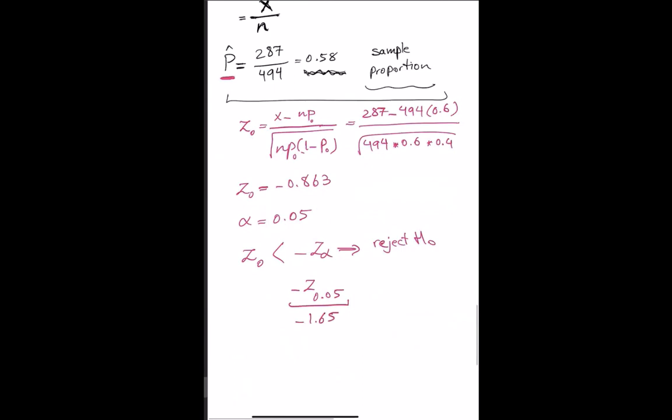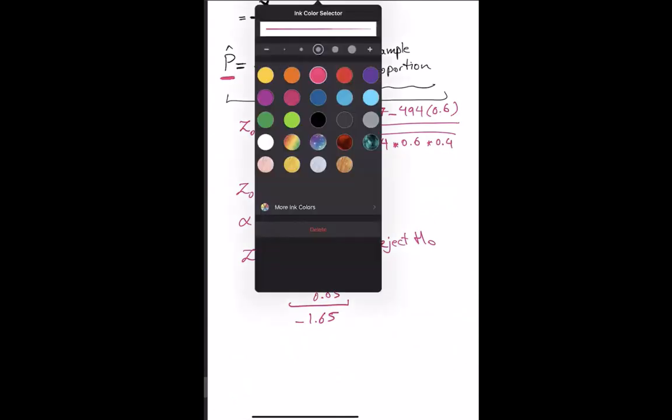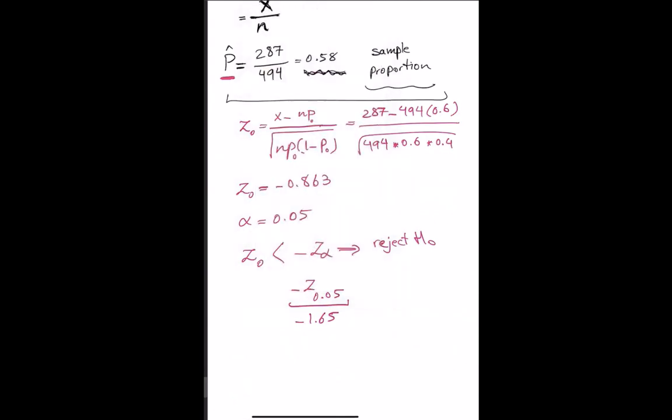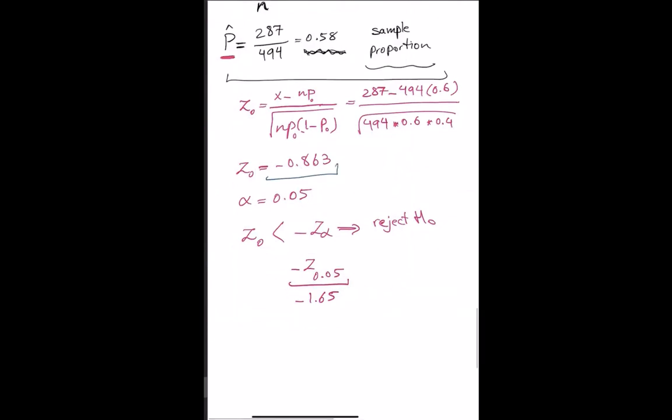So minus Z of alpha is minus 1.65, and the test statistic is minus 0.863, and the critical value is this.